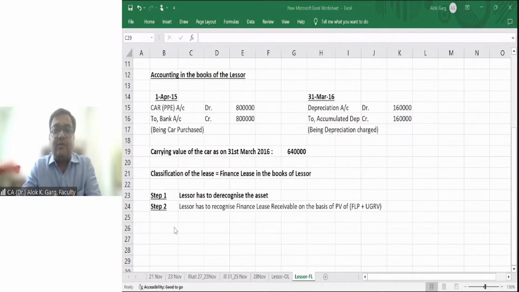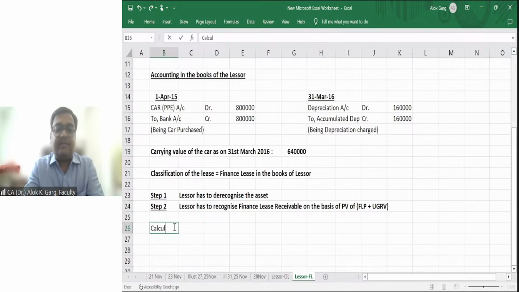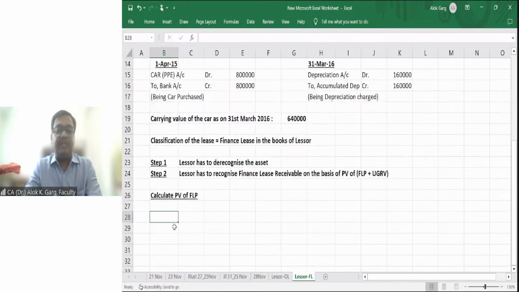Is that clear? In this case, first of all, calculate present value of future lease payment.